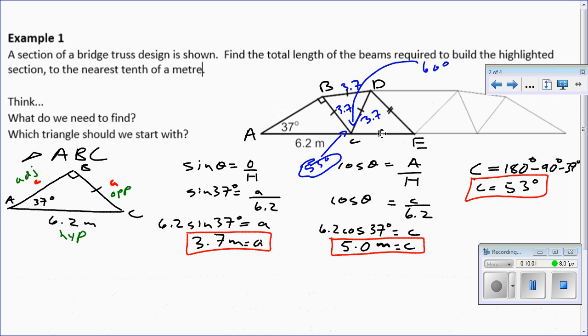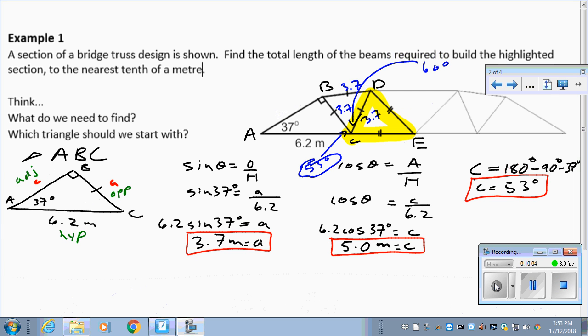Now, the last triangle that we have here, CDE, is an interesting triangle. We have one of the sides here identified as 3.7 meters. We can't really do anything with this unless we have an angle to work with.